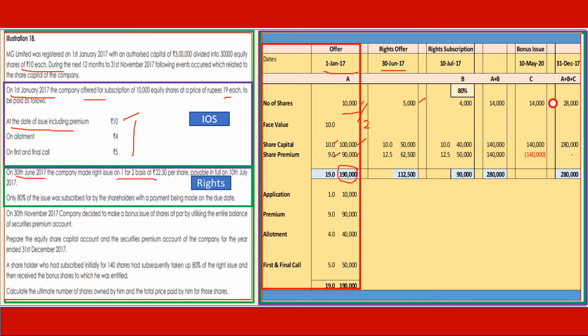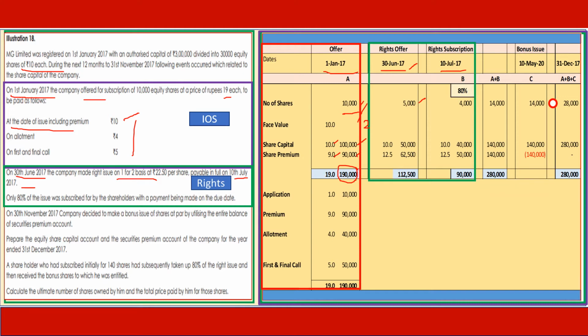We are going to give a rights offer of, for every 2 shares there will be 1 share. For 10,000 shares there will be an offer of 5,000 shares. Having understood this, the rights was to be paid on 10th of July and it is being offered on 30th of June. With this background, let us go ahead.